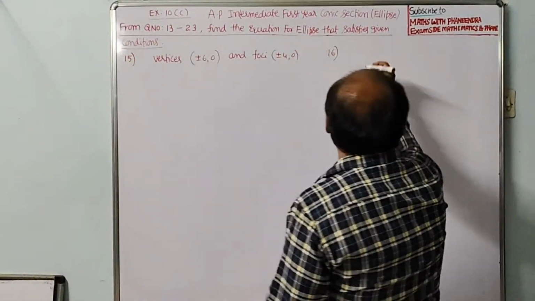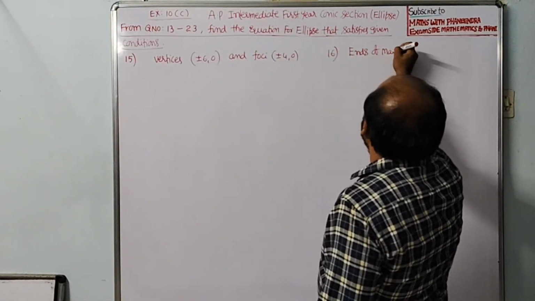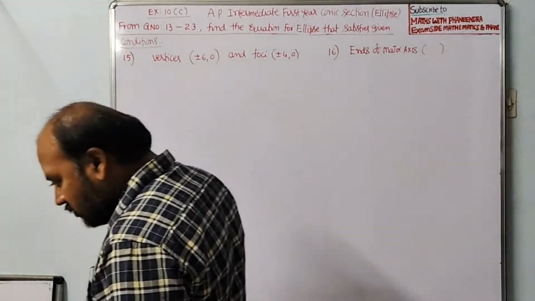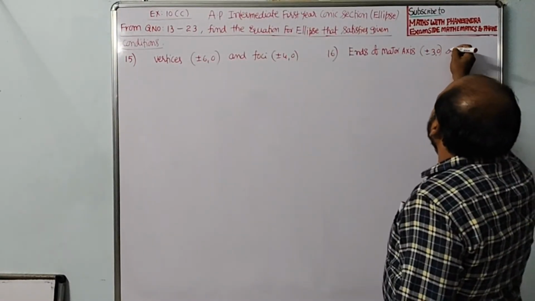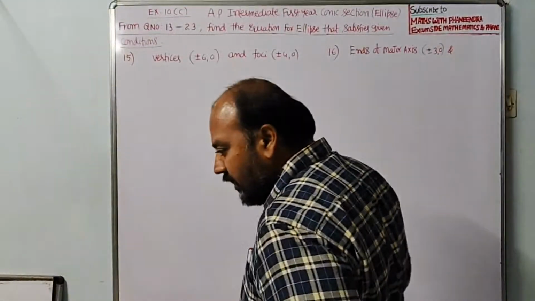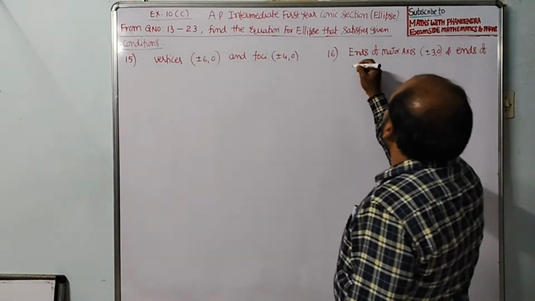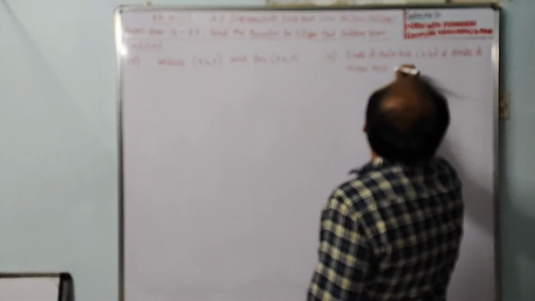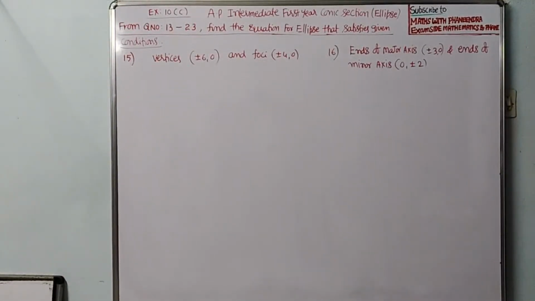Ends of major axis, so indirectly it is given, dear students, plus or minus 3 comma 0, and ends of minor axis, 0 comma plus or minus 2. So this is the data they provided.